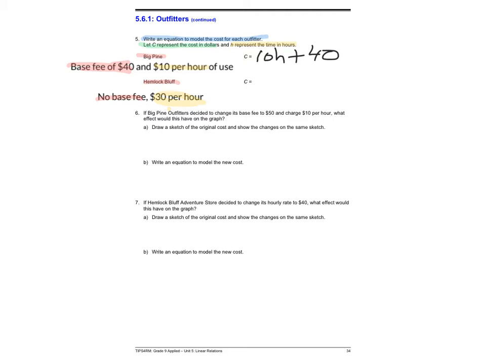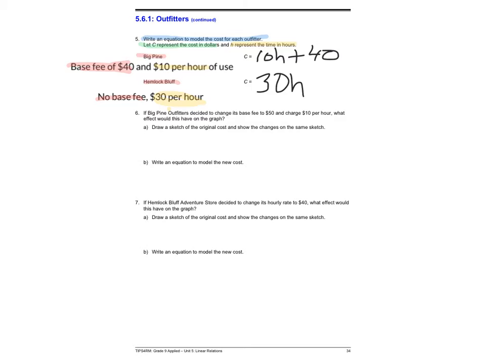Okay? So, in this case, we have $30 for every hour, and we have no base fee. When we have plus 0 or plus no base fee, it's not really good form, so we're going to just leave it completely blank and say that this equation is only 30 times the hours.